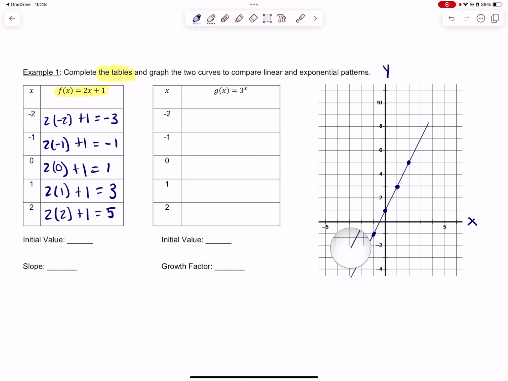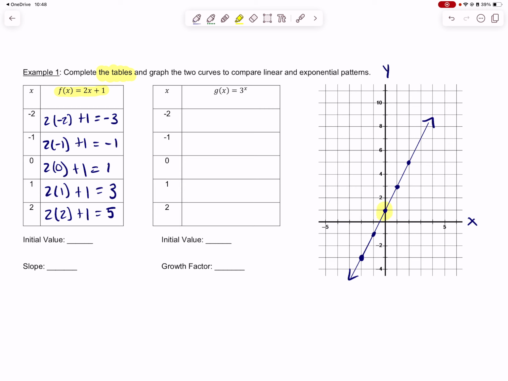And we could have known that as well, just from the format of the function. It is in our mx plus b style of writing a linear function. And with this, some of the things that we want to point out is what we consider our initial value.